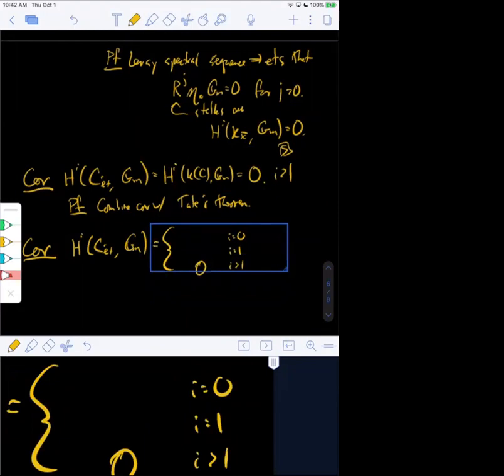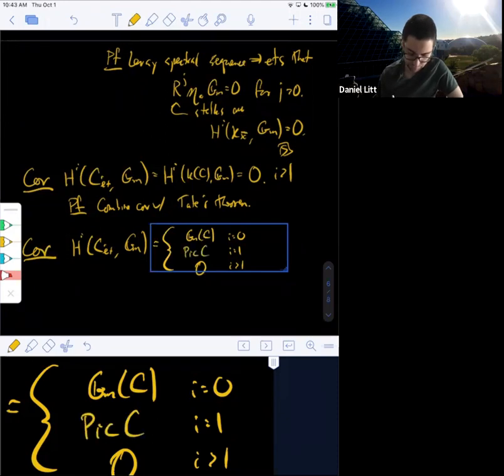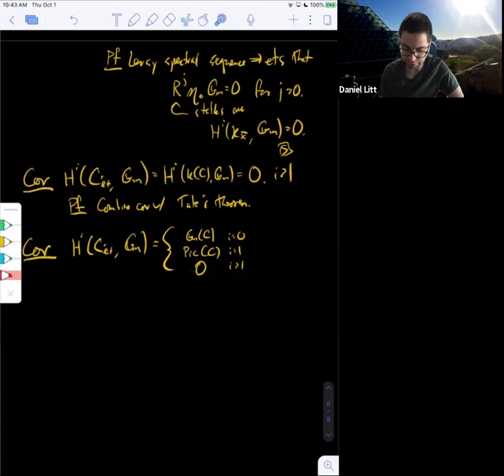Should be the units for i equals 0. Yeah, so it's just the global sections of O_C^* for i equals 0, and for i equals 1 it was Gm torsors, which had another name. Yeah, exactly, line bundles. Great. So the i equals 0 case was tautological, i equals 1 was so-called Hilbert's theorem 90, or descent for line bundles, and then i bigger than 1 was this fairly involved étale cohomology computation.